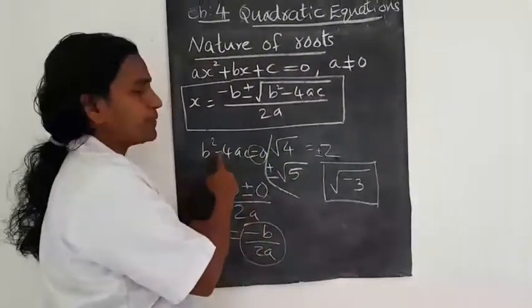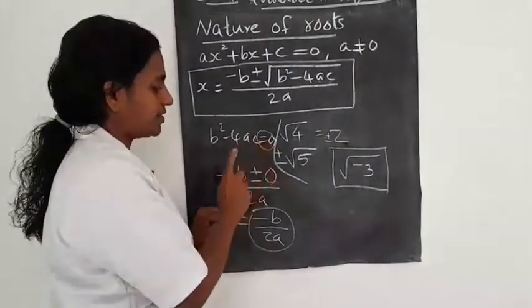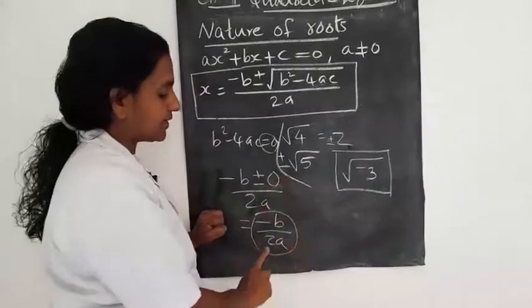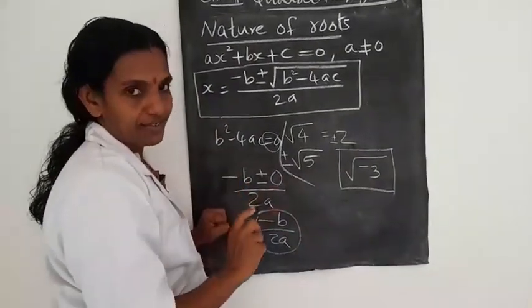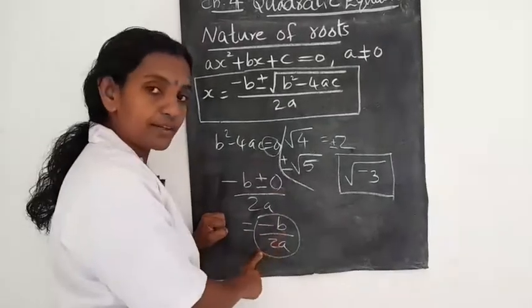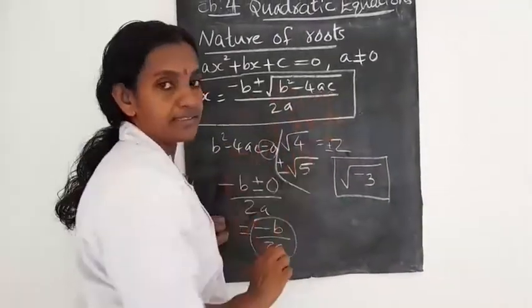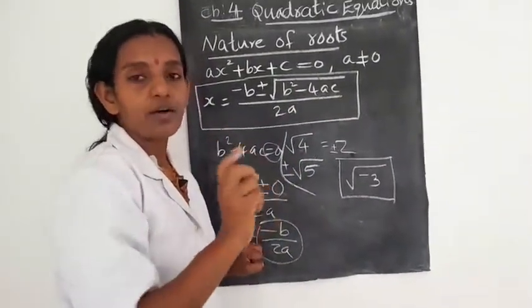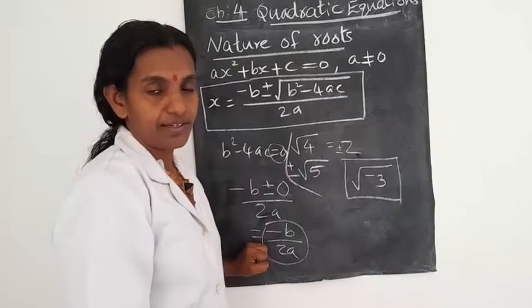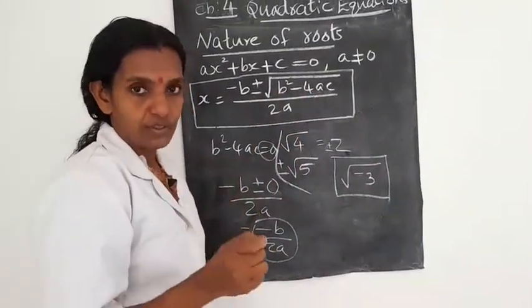If b² − 4ac equals 0, then the given quadratic equation has only one value as the solution, which is repeating, that is negative b by 2a. So by finding the value of b² − 4ac, we can determine the nature of the roots.